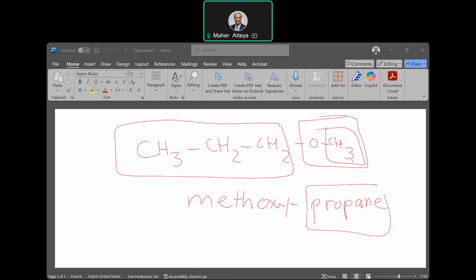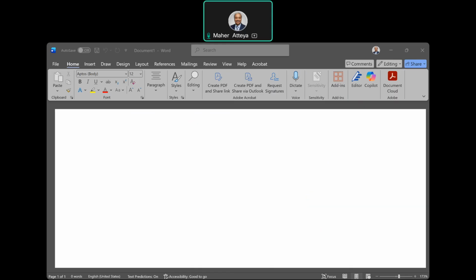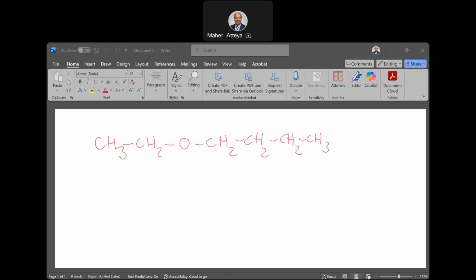So the smallest one. We can take another example and say, okay, let's have CH3, CH2, and then O, CH2, CH2, CH2, CH2, CH3. Now, what is the longest chain? Here it is 2 carbons.